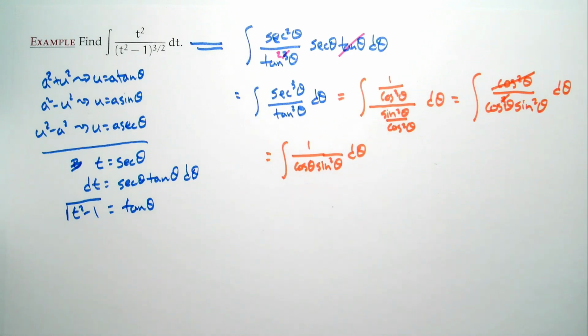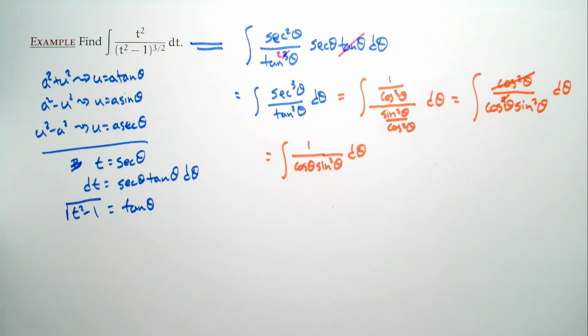Now, when you have cosines and sines, what is the ideal situation for you to be in? Like when you see a cosine sine, it's like, oh, I really want to be in this situation. Do you know what it is? Okay, I'll tell you what you don't want. You don't want to have an even power of cosine times an even power of sine, right? Because then you have to use power reduction.